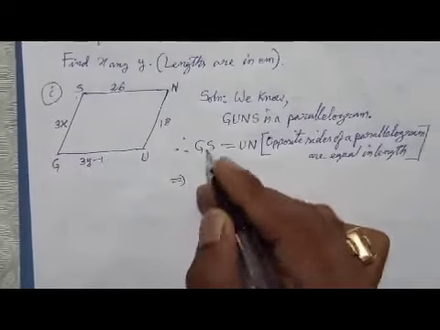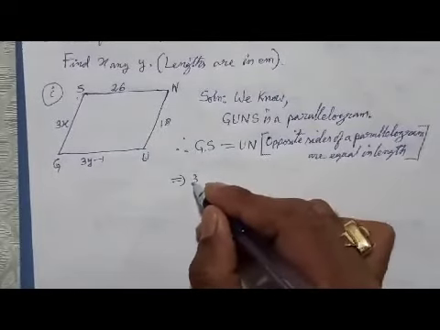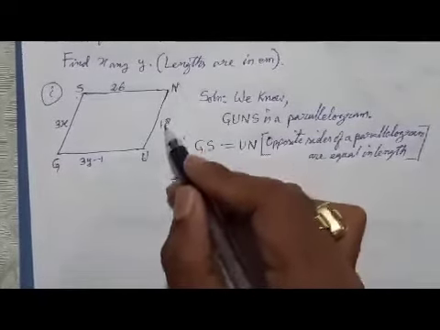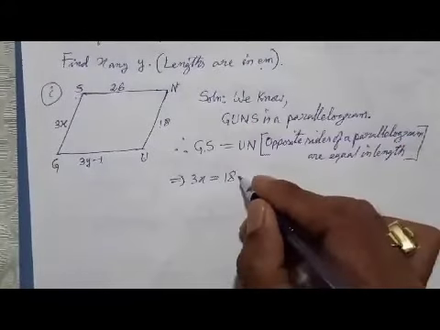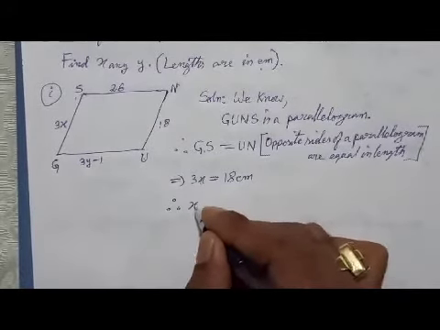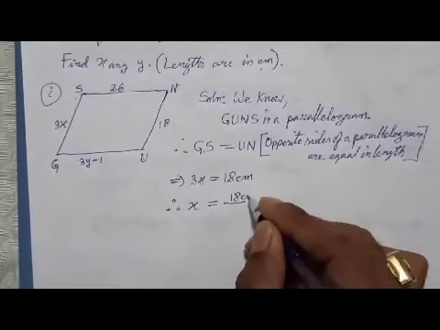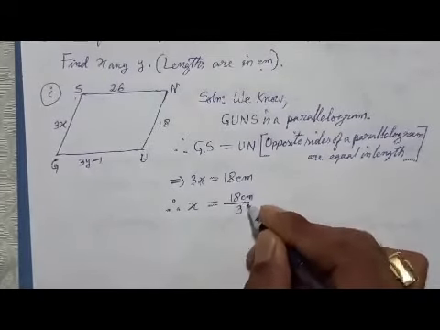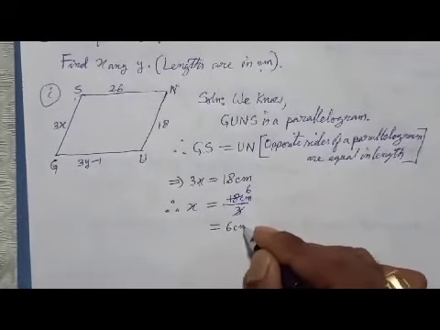This implies that GS side is 3x, and UN is 18, and the length is in centimeter. Therefore, now if we want to find out x, this 3 will divide 18. So 18 centimeter is divided by 3. We know that 3 times 6 is 18. So x is 6 centimeter.